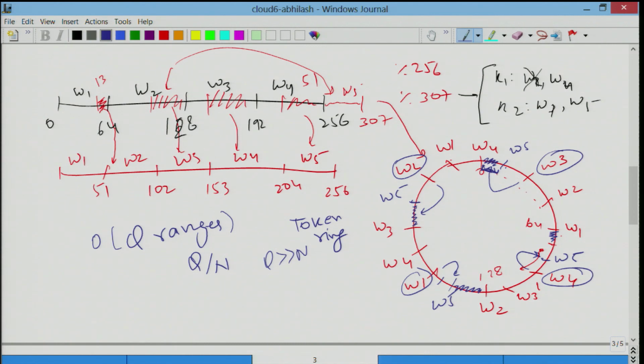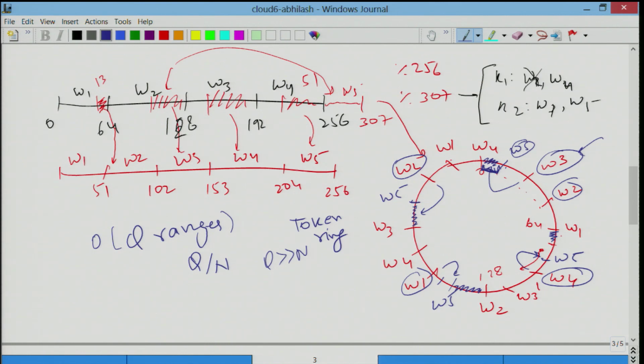So all of these W3, W2 and W5 will keep copies of these keys. And when you have to read, you can read from anyone. So replication is still required for fault tolerance.